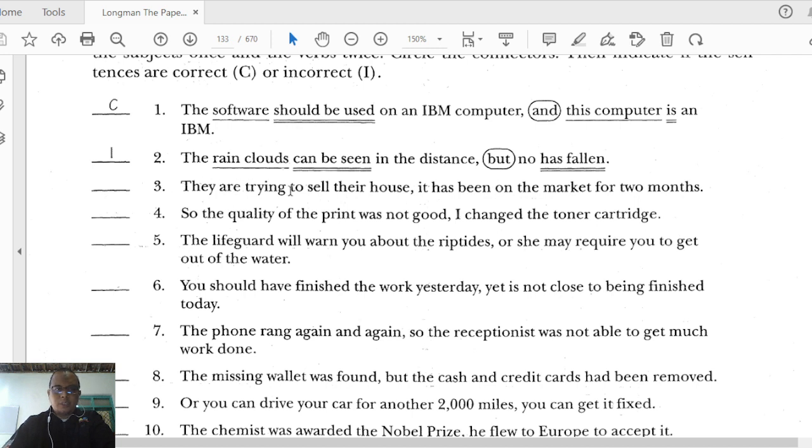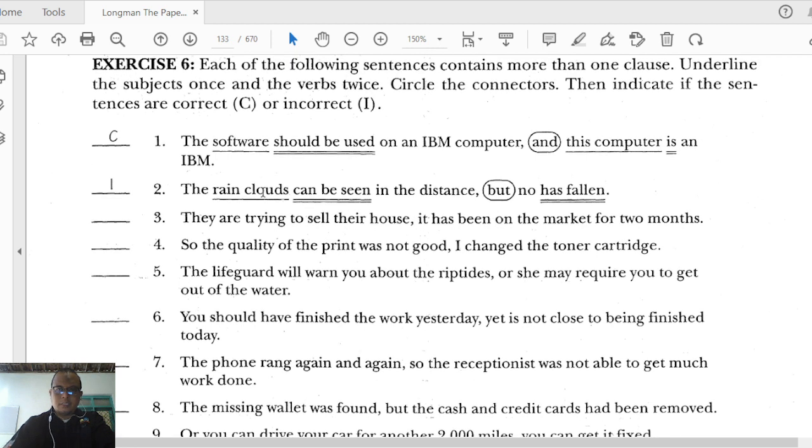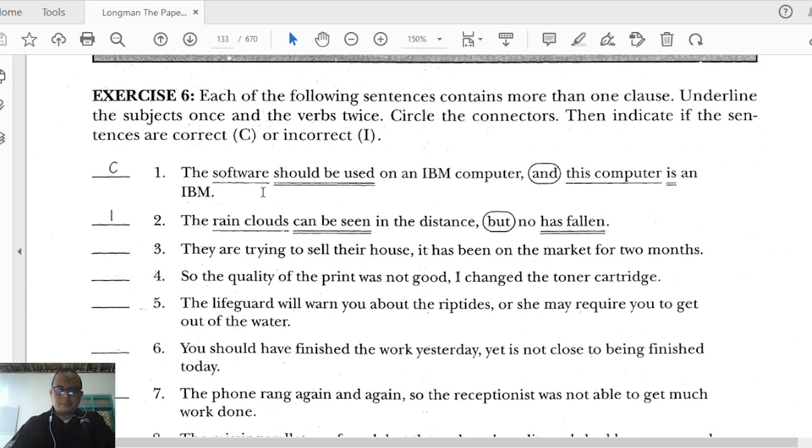They are trying to sell their house, comma, it has been on the market for 2 months. They are trying to sell their house. Their house is the subject.